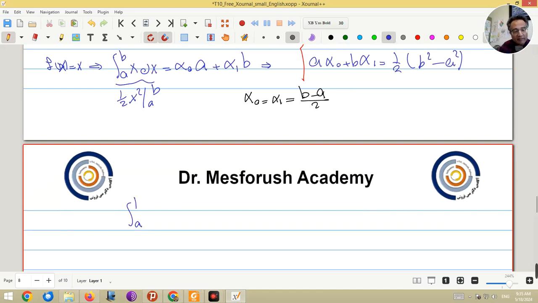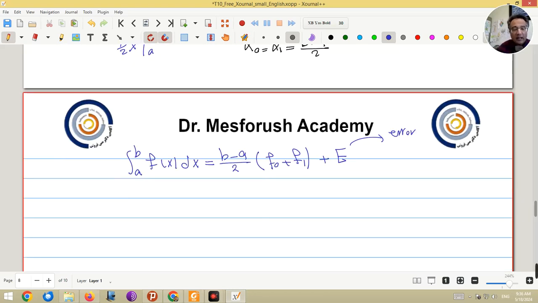So in fact we have the integral from a to b of f of x dx equal to b minus a over 2 times f0 plus f1, and we know that we have some error here. This is in fact the error. Okay, and if I do not want to write this error, I can omit it and change this equality to almost equal.